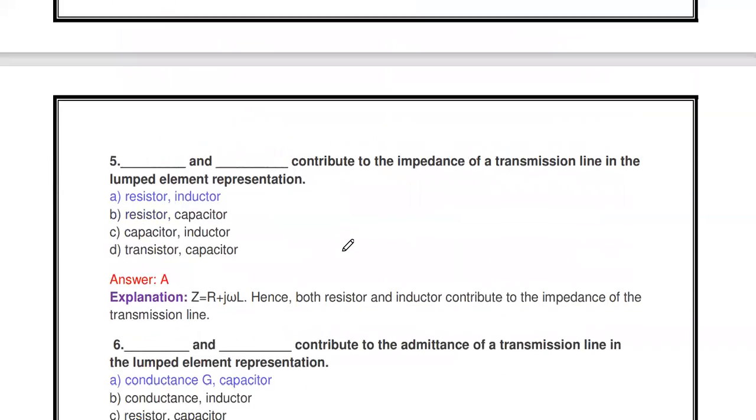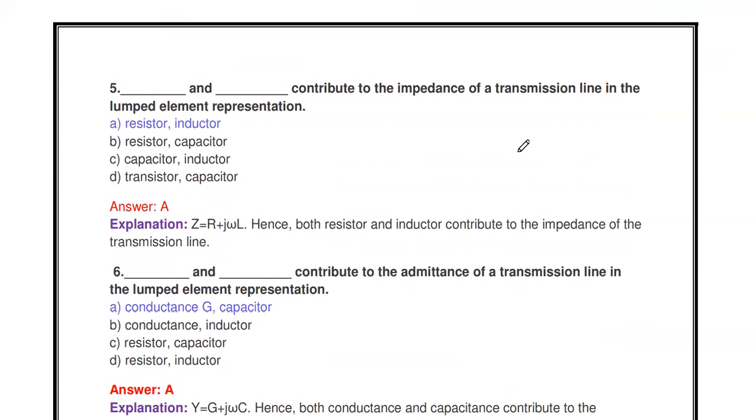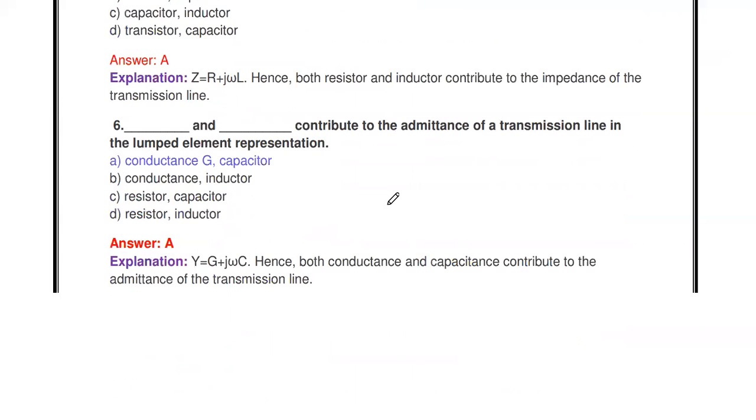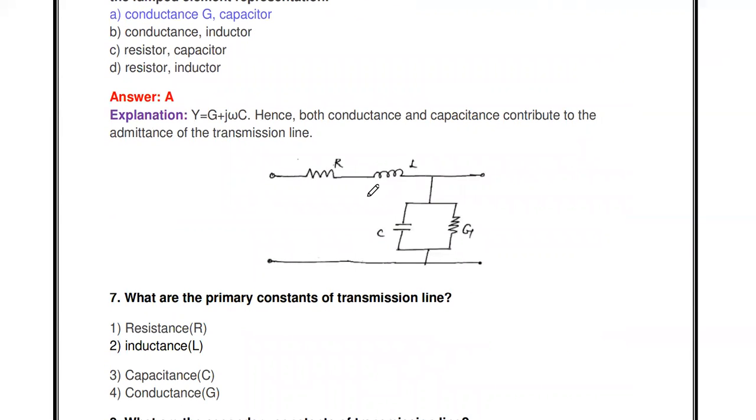Then the next one: dash and dash contribute to the impedance of the transmission line in the lumped element representation. In the electrical equivalent diagram, in the series arm, a resistor and inductor are available.